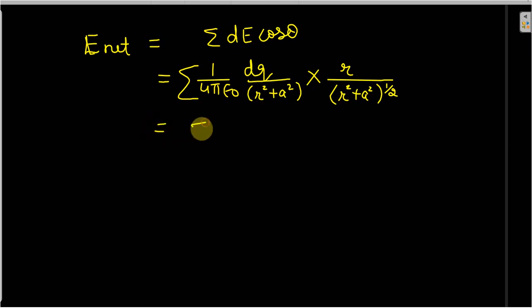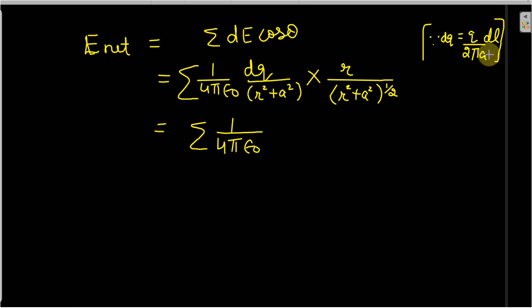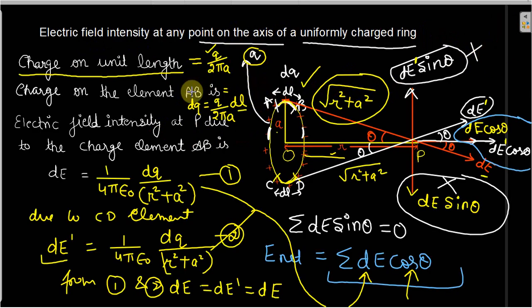We will substitute the value of dq. Earlier we have derived dq is equal to q by 2 pi a dl. This is the value of dq. You can see in the starting of this we derived the value of dq.